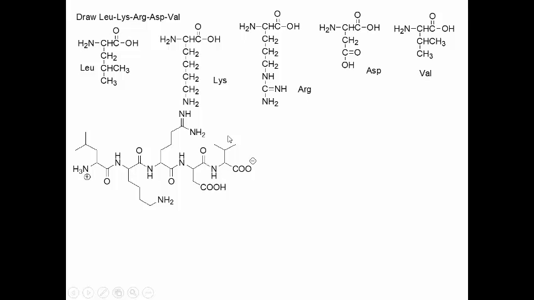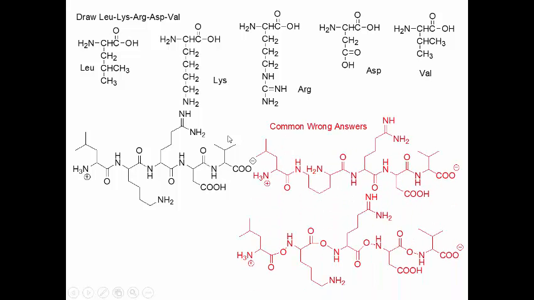Let's look at some common wrong answers that we see in a problem like this, okay? All right, so here's a common wrong answer here. And it arises from the fact that when we have lysine, we have two amino groups, one in the alpha position like any other alpha amino acid, but we have an amino group on the side chain.